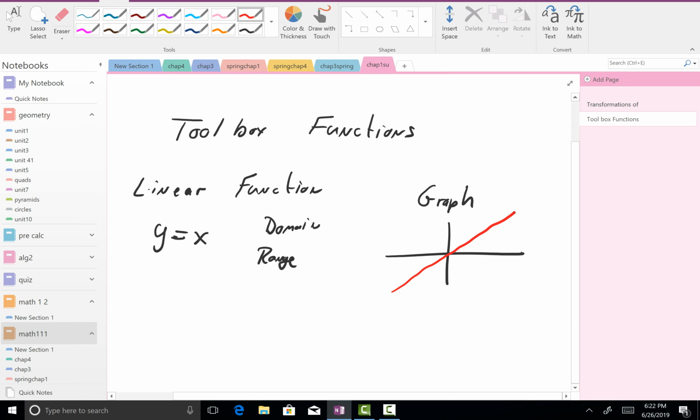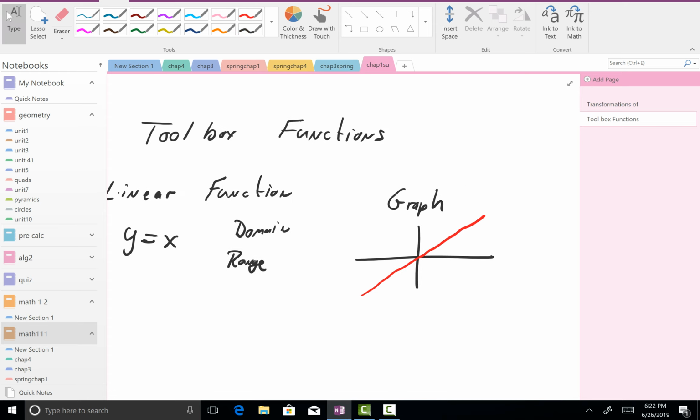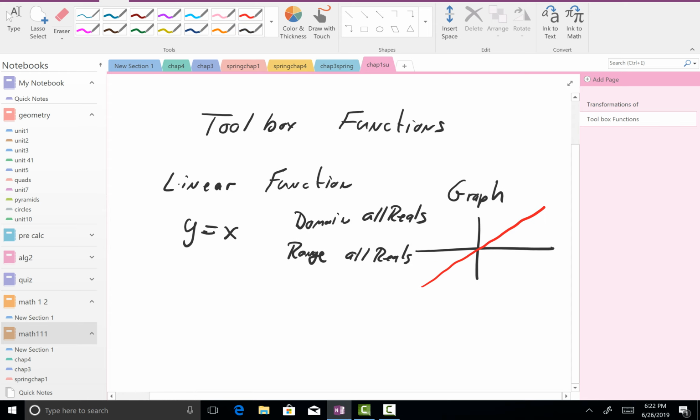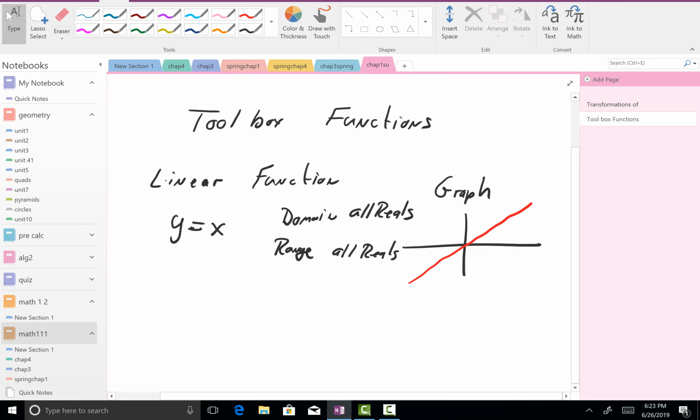And the domain, for all lines, what's our domain going to be? All reals. Good. Doesn't matter what we do to that line, it's always all reals. What about the range? All reals. We could restrict it and chop it off, but most likely domain and range are going to be all reals.